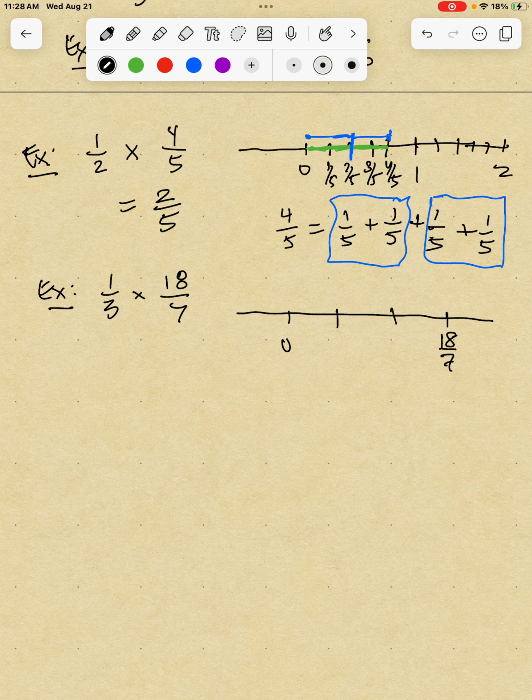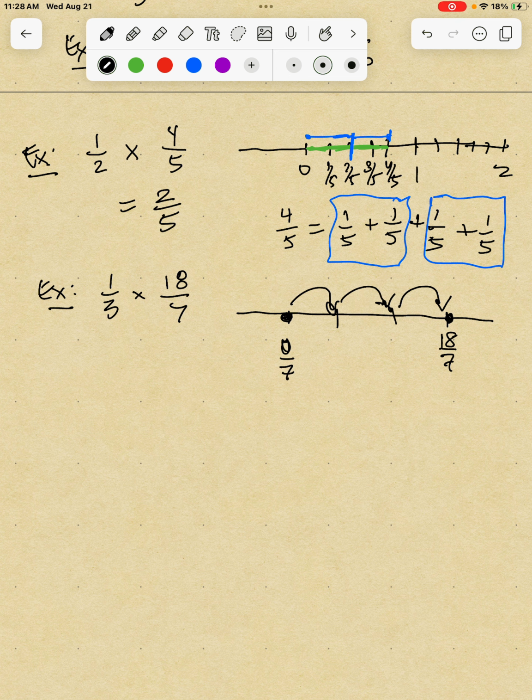Well, I have 0/7 here, and I need to get to 18/7 in 3 jumps. Right? I need to get from 0/7 to 18/7 in 3 jumps. And I can do that by taking 18, I have 18/7, and I'm taking 18 of 1/7 and then dividing that by 3.